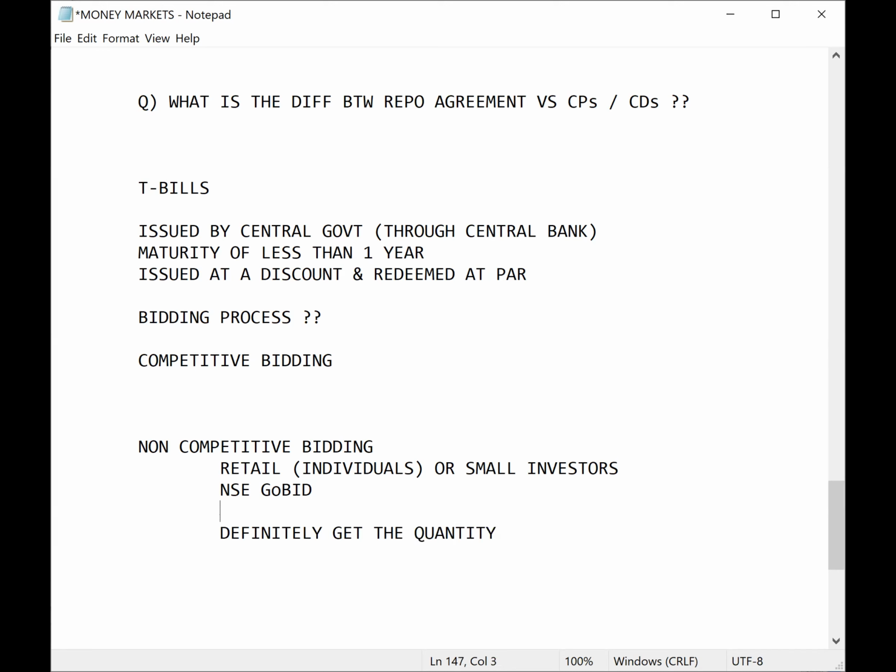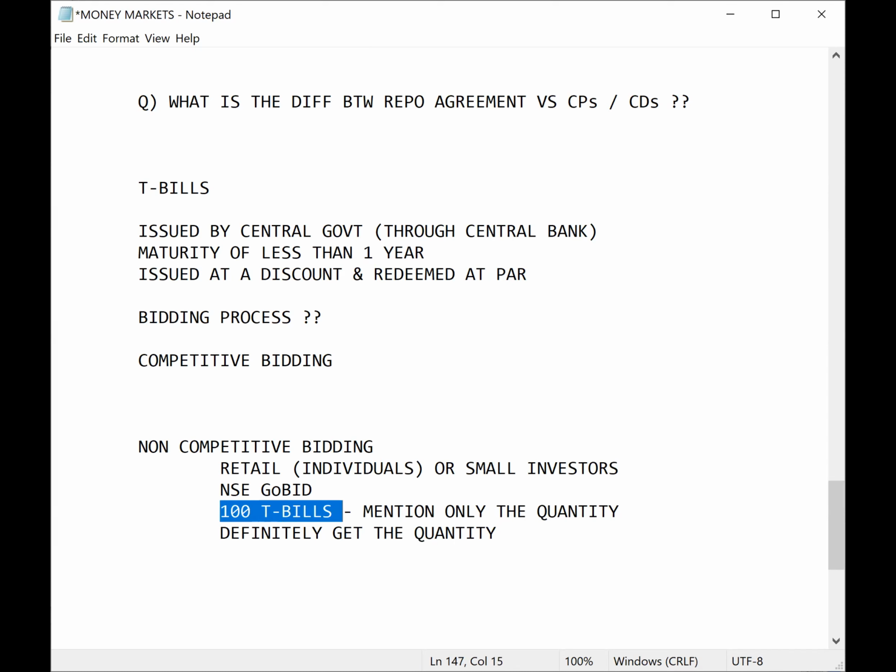What they would do is they would mention the quantity. Let's say I say that, okay, I want 100 T-bills.